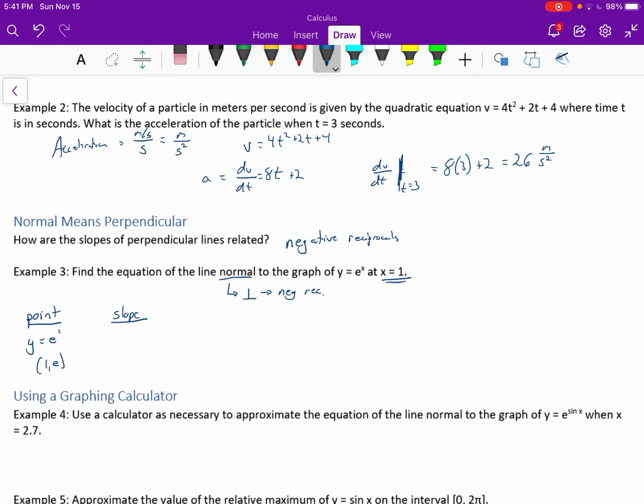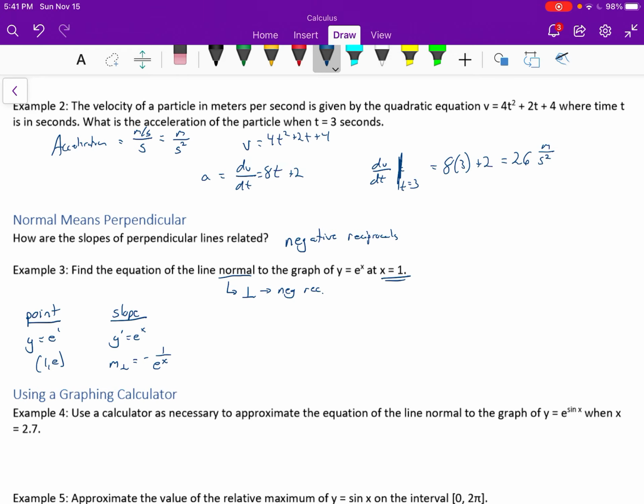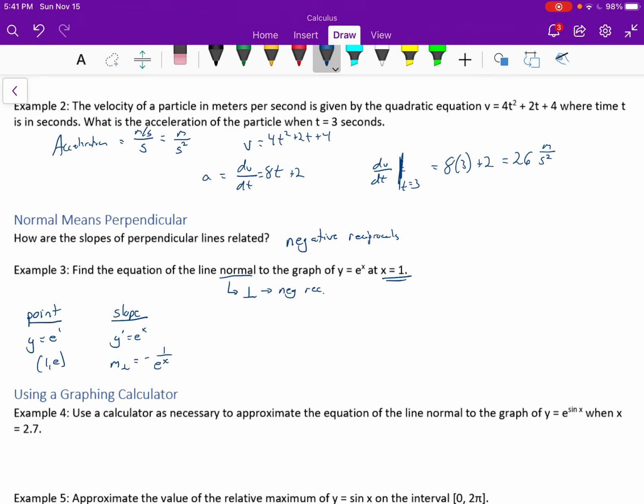Well, the slope of a tangent line to the curve at any point on the curve is the derivative, so y prime is still e to the x, because the derivative of e to the x is e to the x. And we want to take the negative reciprocal of that. So the perpendicular slope is going to be negative 1 over e to the x. And we want to still put in when x is equal to 1. So that's negative 1 over e to the first.